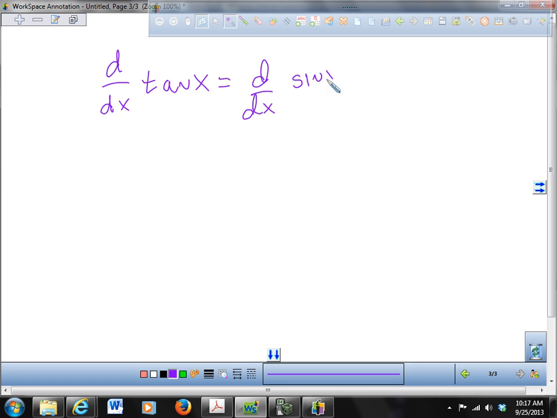Tan, remember, can be written as sine of x over cosine of x. Remember that? From last year? Good. Okay, so I'm going to take the derivative of that using the quotient rule. So it's low d high, which is cosine x, minus high d low.